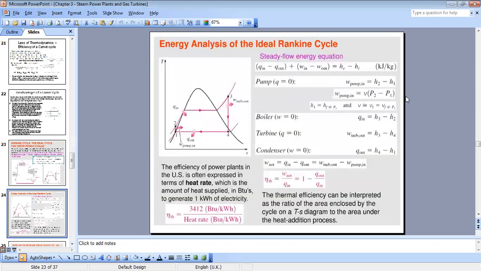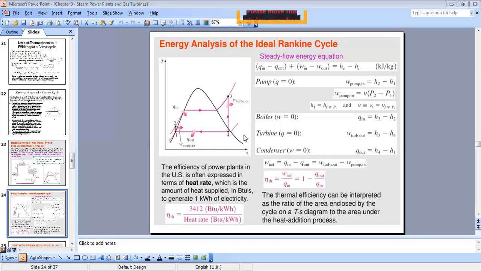Now, if you want to do a small analysis of the system, this is the TS diagram of our system, and we want to calculate its efficiency. As usual, when you want to calculate efficiency, you should determine what is the net work and what is the inlet heat, the heat that is coming to your system.